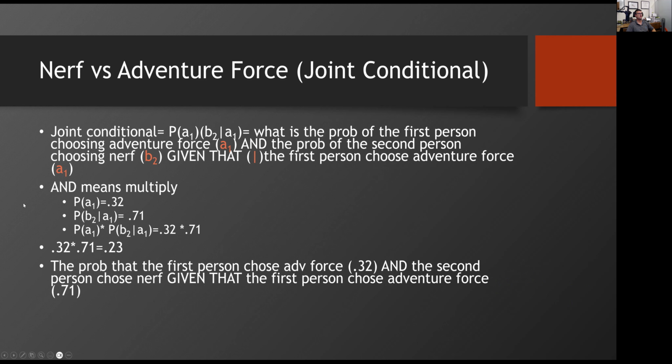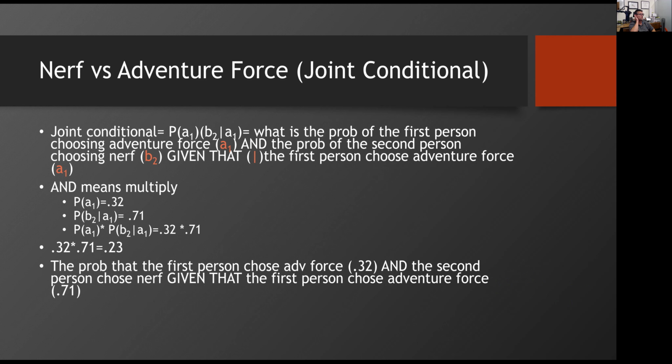So this means the word and. Anytime that you see the word and, it means multiply. So probability of A1 is 0.32. Probability of B2 given A1, so the probability of the second person choosing a Nerf given that the first person chose Adventure Force, is 0.71.